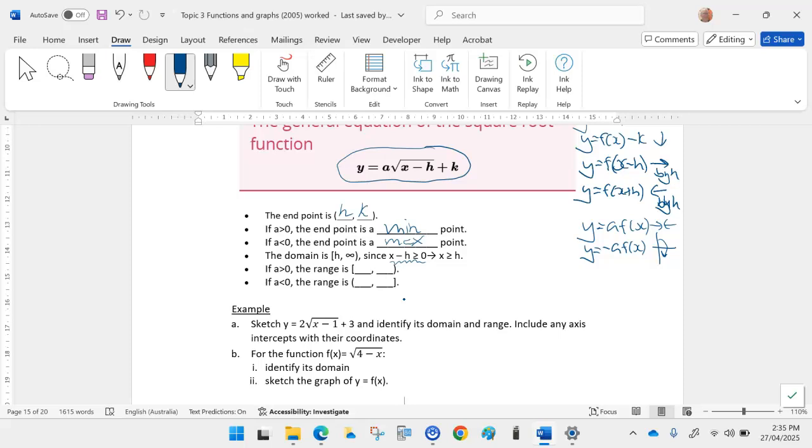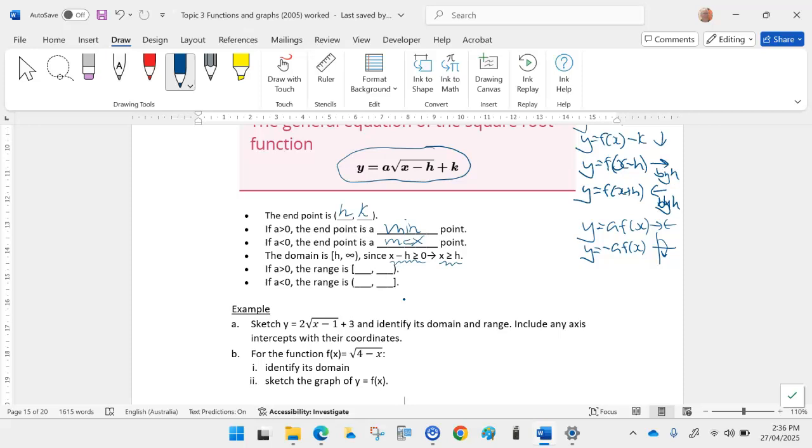And if x minus h must be greater than or equal to 0, x, if I put h on both sides, would have to be greater than or equal to h. So everything starts and finishes at the h value for your domain. The h value is the x coordinate of the endpoint.